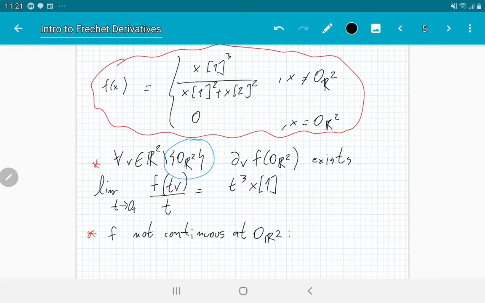And okay, this you can do by hand, so you're going to get t cubed v1 cubed over t squared v1 squared plus t squared v2 squared, and I multiply by t.